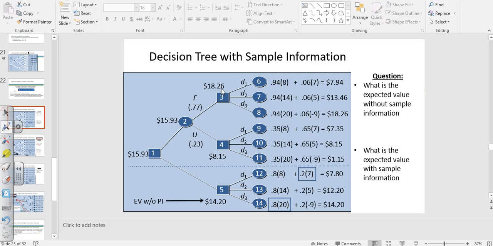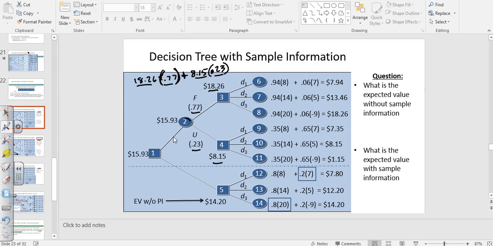So all we have to do is do 18.26 times 0.77 and add that to 8.15 times 0.23. And we just got that from here, here, here, and here. So when we take the expected value of this equation, we get 15.93.